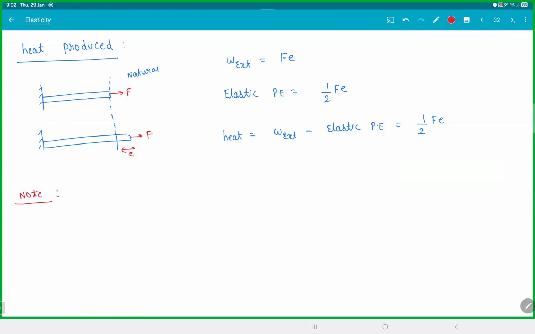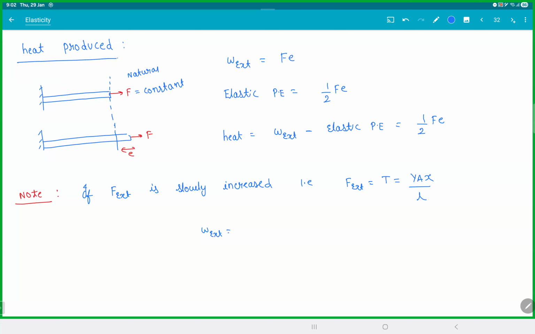What if you're applying force and increasing it very slowly? F external is not constant, but is slowly increased, such that F external is always equal to the tension, which is always equal to YA x by L. Means you're applying a slight change.